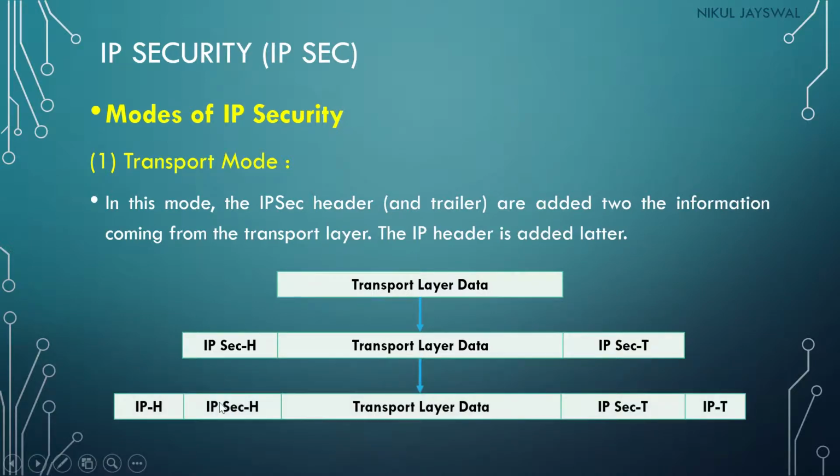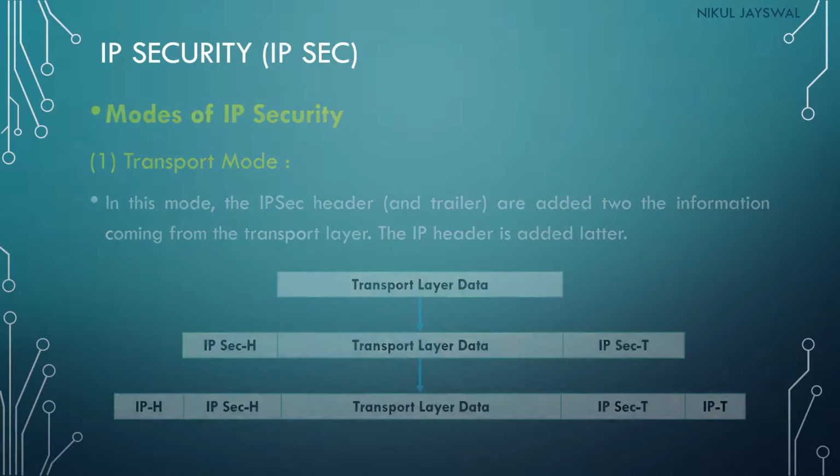Then the actual IP header and IP trailer will be added. So before reaching the network layer, the IPsec header and trailer are added, and the whole transport layer data will be encrypted. After that, when it comes to the network layer, the IP header and IP trailer will be added. So this is how the transport mode works.